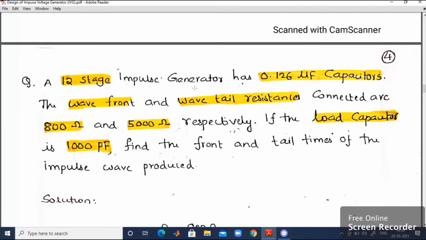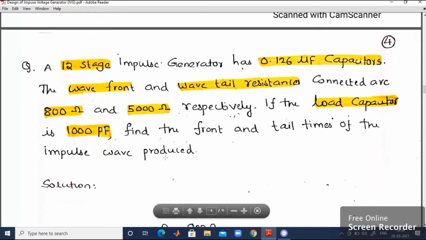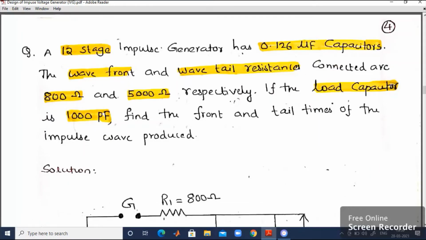A 12-stage impulse generator has 0.126 microfarad capacitors. The wavefront and wavetail resistances connected are 800 ohm and 5000 ohm respectively. If the load capacitor is 1000 picofarad, find the front and tail times of the impulse wave produced. Here there are 12 stages of impulse generator. The generator capacitance is given and the load capacitance is also given.